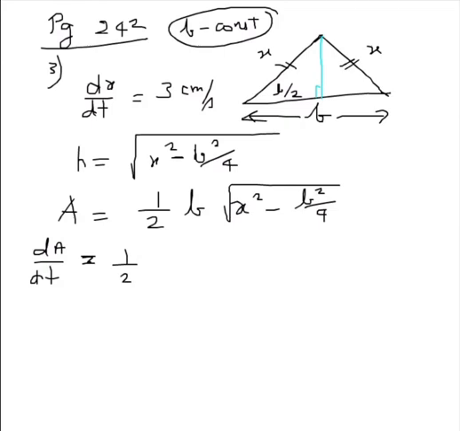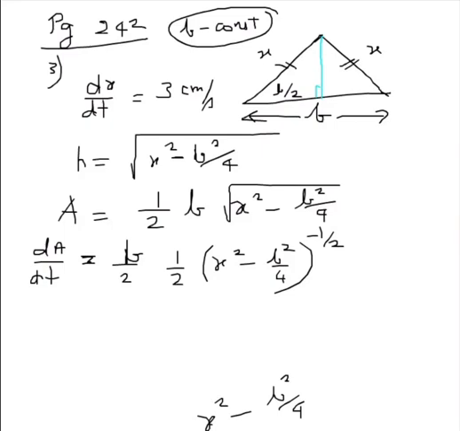So half into, b is a constant, right? So no product rule required. b by 2 is a constant, take it out. I have to differentiate this part. Power half it is, so let us differentiate the power. It becomes half into x square minus b square by 4 whole power n minus 1, that is half minus 1, which is minus half.